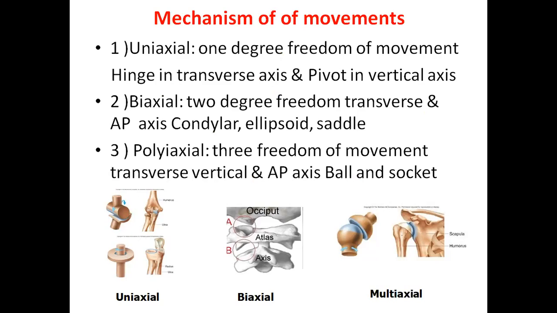Another type is the biaxial. Here the 2 degrees of freedom of movement are present, that is the movements are present in the transverse and anterior posterior axis.